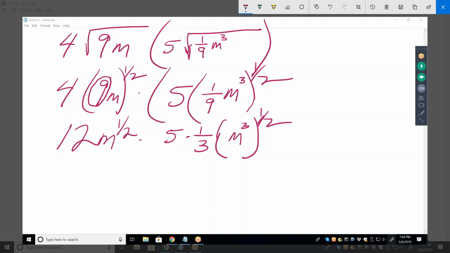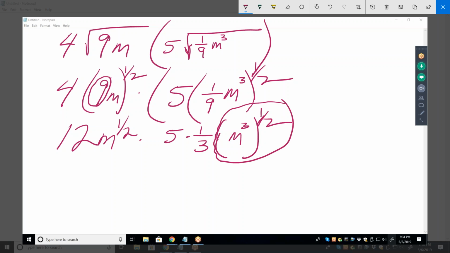The 1/9 is under the radical sign, so if we can remove it, we make things a lot simpler. And you can take the square root of 1/9. It's 1/3. So I remove it. It's going to get multiplied by this 5 over 3. But more importantly, how can I write that?